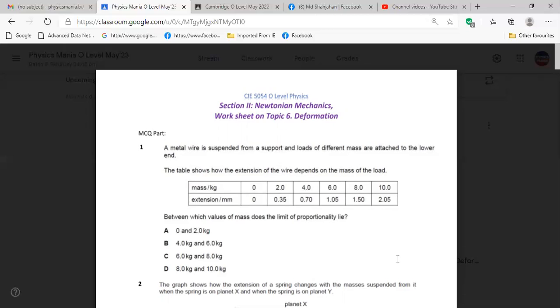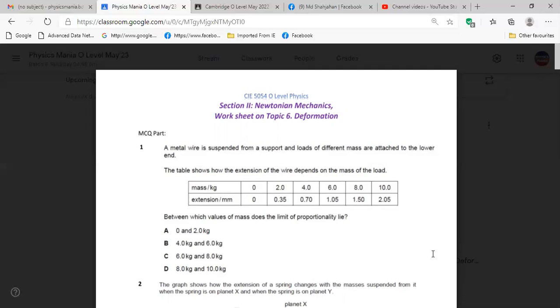Maybe you need more explanation. If you think this way, we have here 2 kg, but we can also make it for 1 kg, right? If it is 1 kg, then the extension will be 0.175.